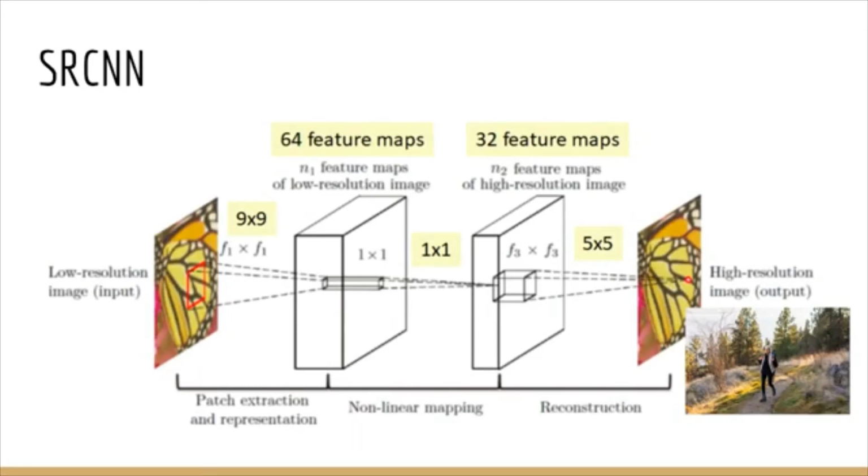And another thing is, you need to run this block by block. Consider you have an image that is 270 cross 270, and you have an input size of 27 cross 27.